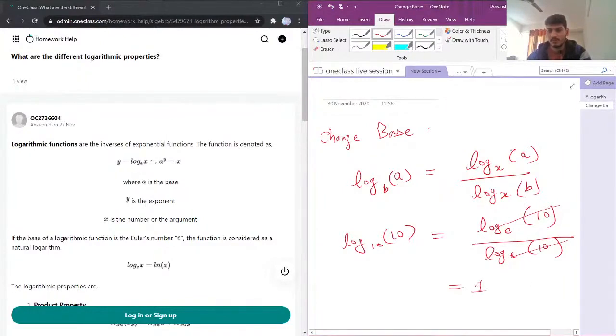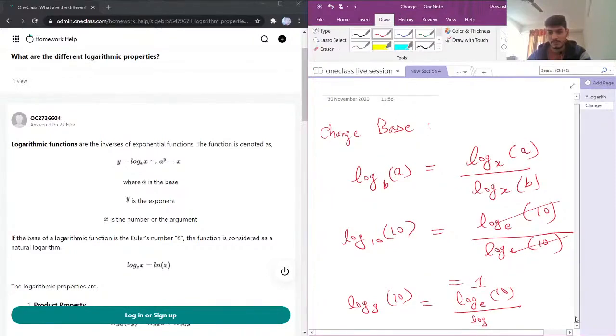So this was a unique case where I was getting 1. I can also write log base 9 of 10 as natural log of 10, the numerator, over natural log of 9.